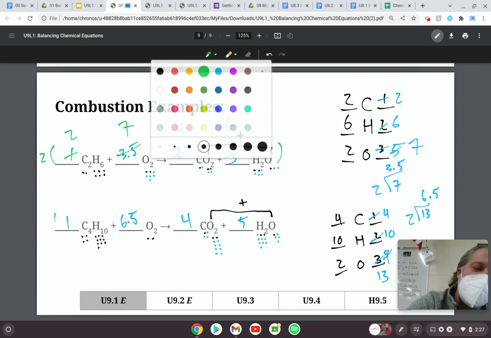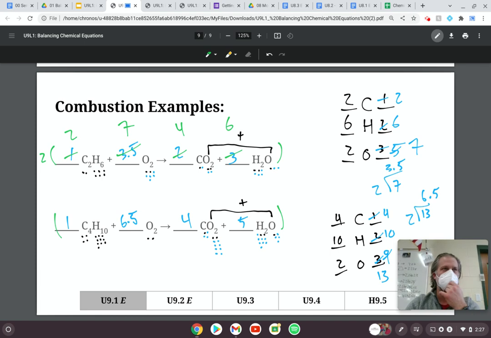I remember that I cannot have partial oxygens, so I'm going to multiply all of my coefficients by 2. And then everybody's balanced, and it's neat and clean and tidy. Questions? Excellent.